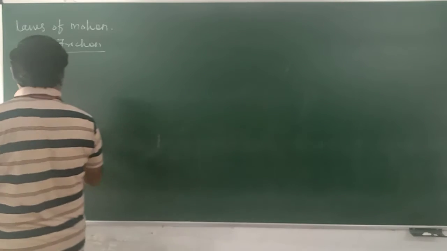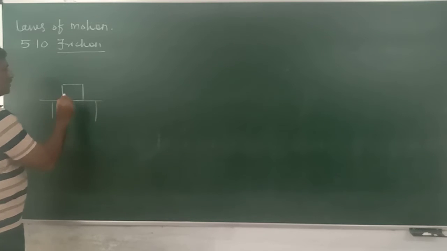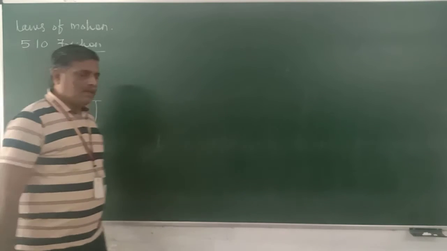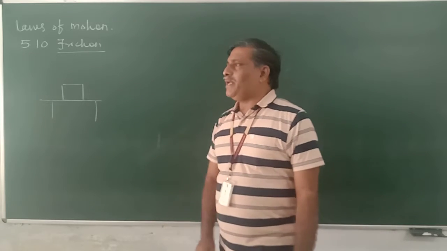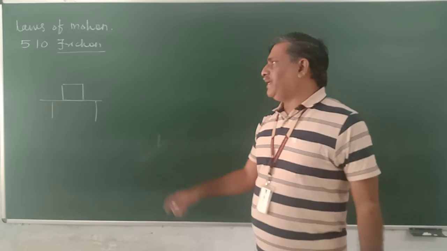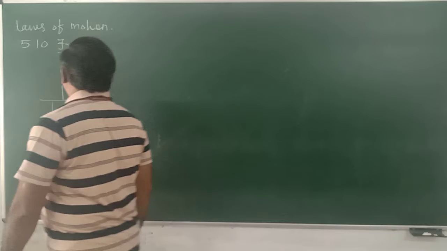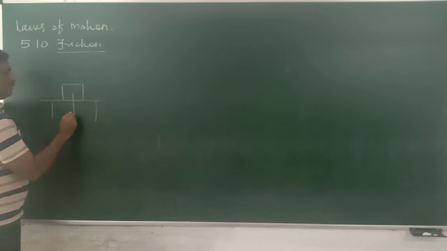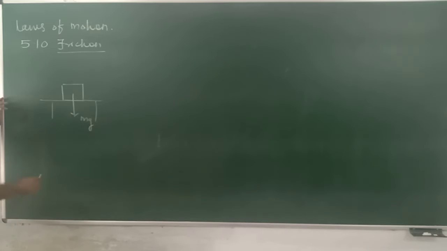Consider one block kept on this surface. It is a body of mass m at rest on a table. Let us try to analyze the forces. One is the force mg, which is also known as weight.